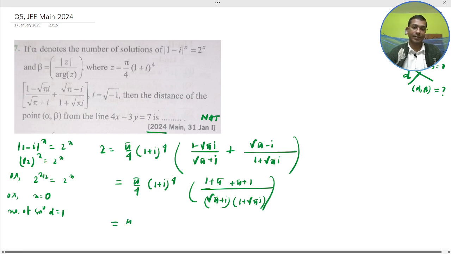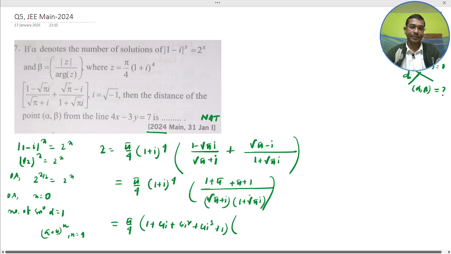Just solve this. Pi by 4, I just apply here the formula of (a plus b) to the power n, suppose n equal to 4 here. So 1 plus 4i plus 6i square plus 4i cube plus 1.